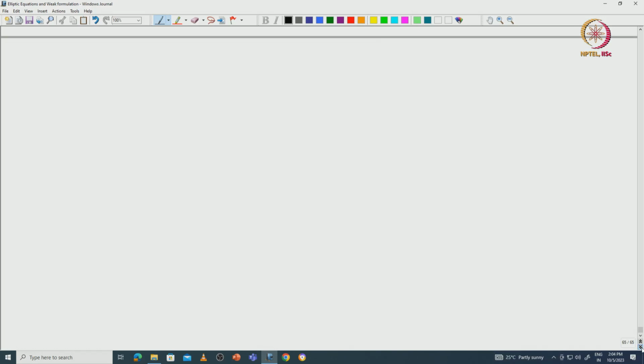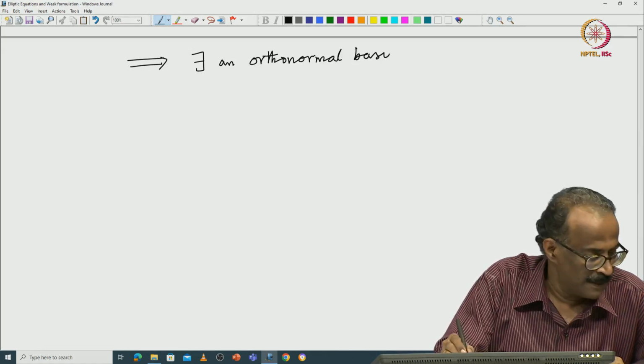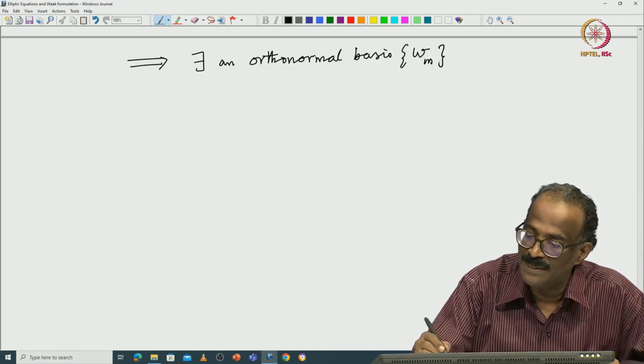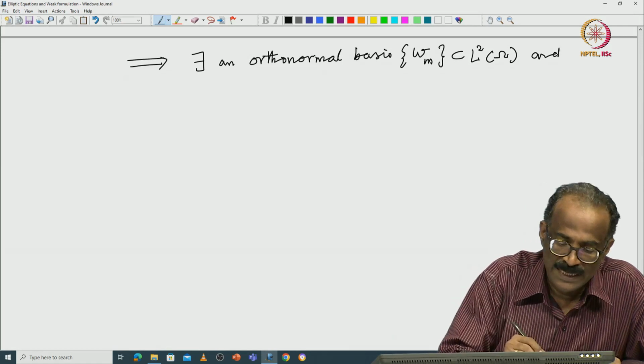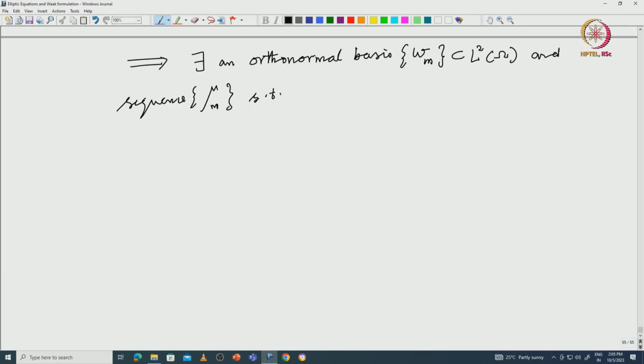There exists an orthonormal basis w_m in L2 of omega, and a sequence mu_m, which are real, such that mu 1 is greater than or equal to mu 2, and so on, and mu_m goes to 0.